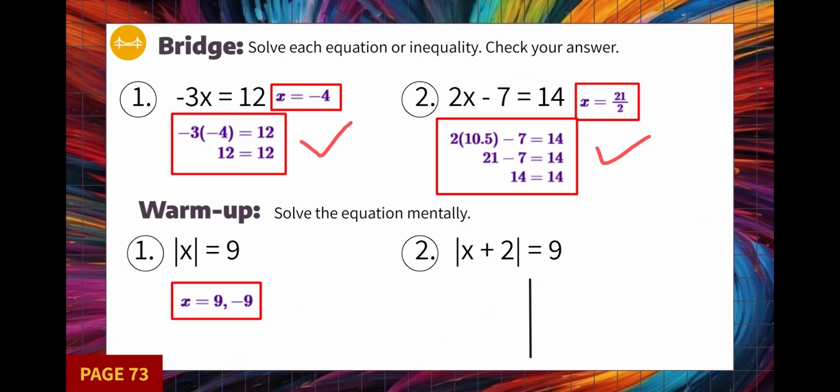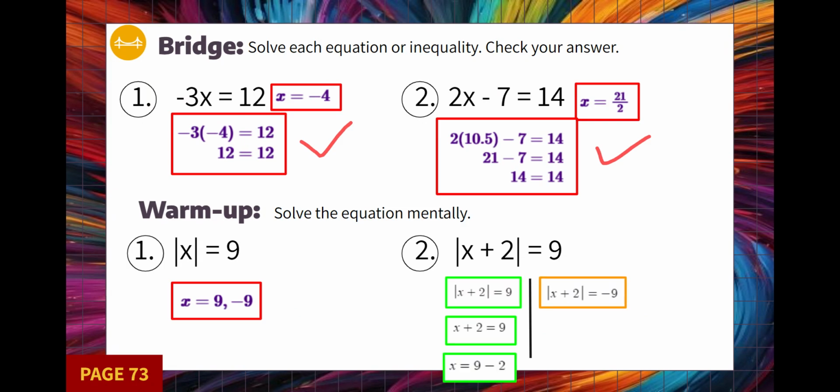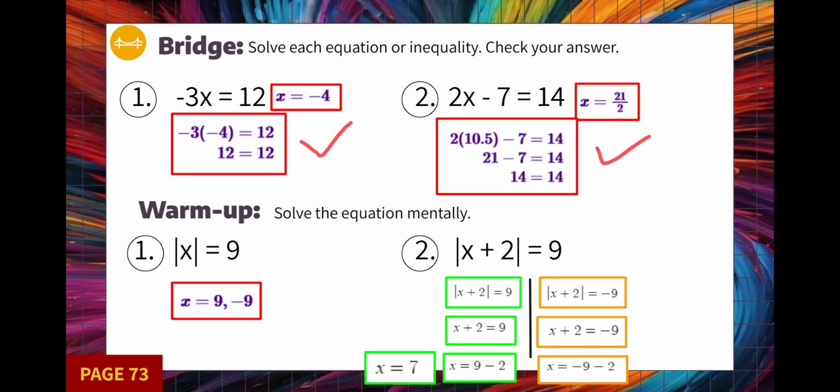Next, 9 and negative 9. Correct, this is what we did earlier. If you want to plug in, I didn't do plugging in here. So if I plug in 7 here, is 7 plus 2 equals 9? Correct, right? So it's correct.